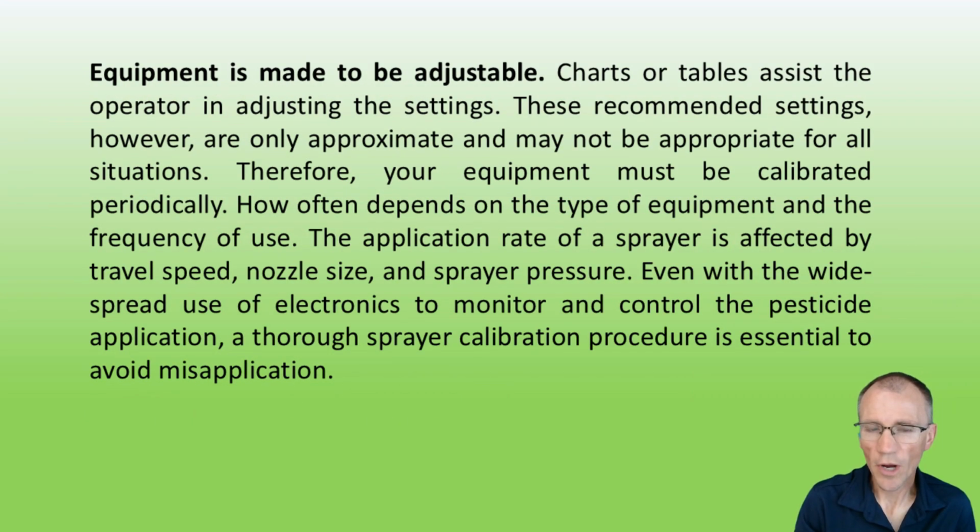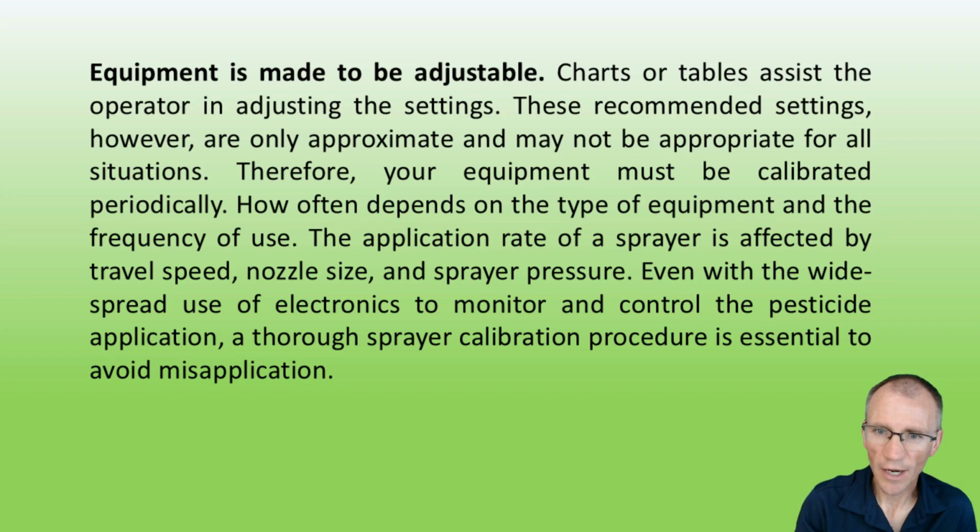It's important that we all understand that equipment is made to be adjustable. Charts or tables assist the operator in adjusting the settings. These recommended settings, however, are only approximate and may not be appropriate for all situations. Therefore, your equipment must be calibrated periodically. How often depends on the type of equipment and the frequency of use.